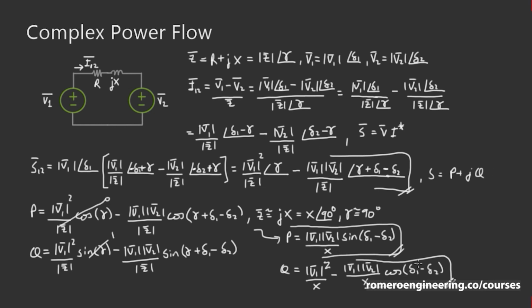Now, a couple of things that I want to mention here is that notice that for the real power flow, which is really what we're concerned about in real life, the angles delta 1 and delta 2 are really what dictate what the magnitude of that real power is. In other words, the difference between delta 1 and delta 2 has a bigger impact on the real power magnitude than the magnitudes of the voltage sources do.